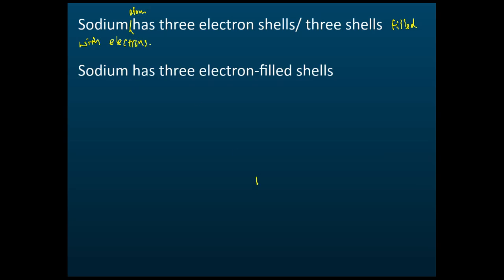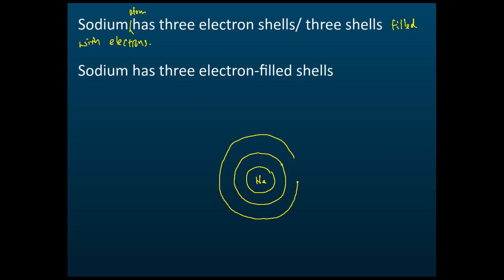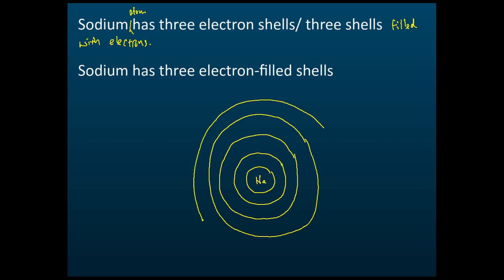Okay, so for sodium, it has 1, 2, 3, 4, 5, 6, and 7, and only the first 3 shells filled with electrons.